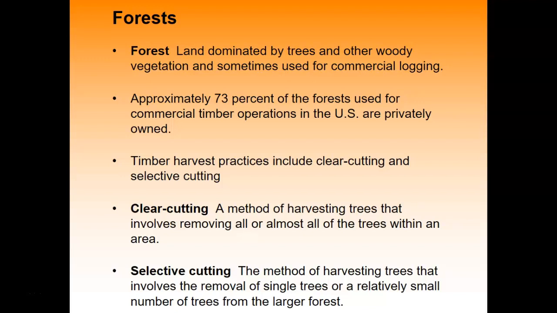It's the cost versus benefit idea. Clear cutting, it's pretty much when you go in and you cut every single tree in your path. It doesn't matter if the tree is big enough to be used for lumber, if it's a baby tree, if it's a species that you may not necessarily care for, they go in and they cut everything.